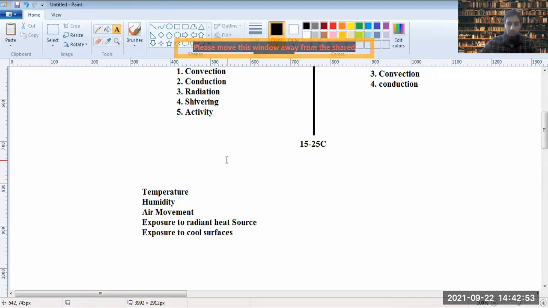So human body is affected by these things: temperature, humidity, air movement, exposure to radiant heat sources, and exposure to cold surfaces. They are self-explanatory what this means.